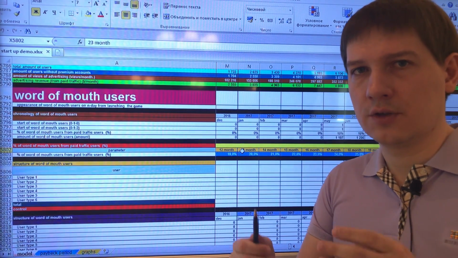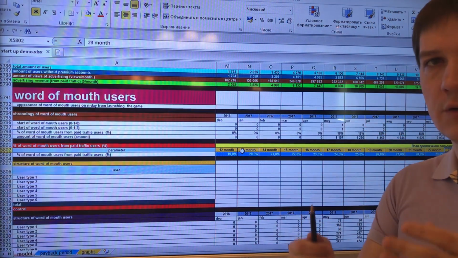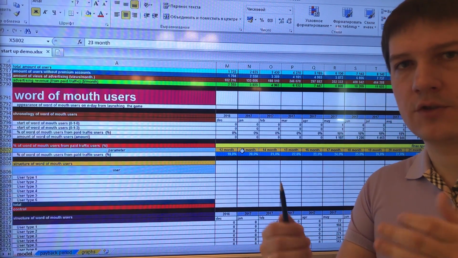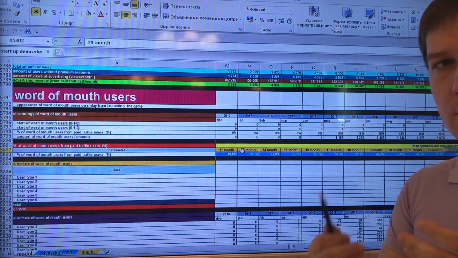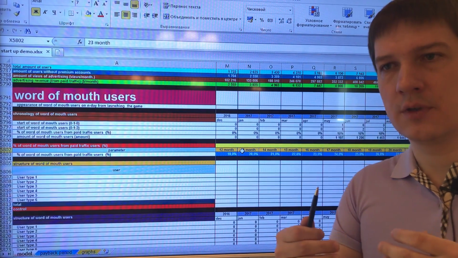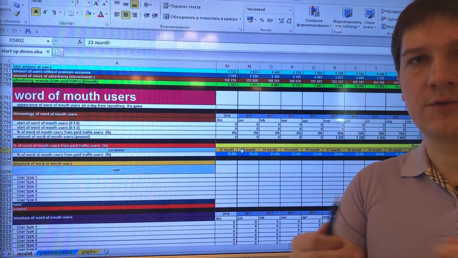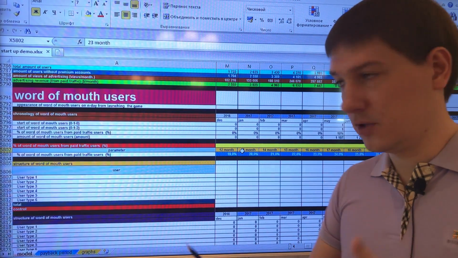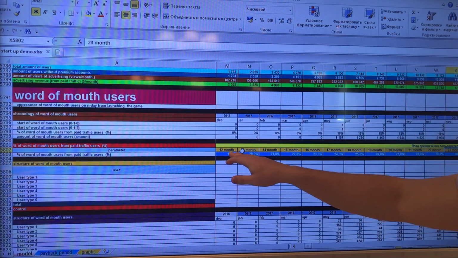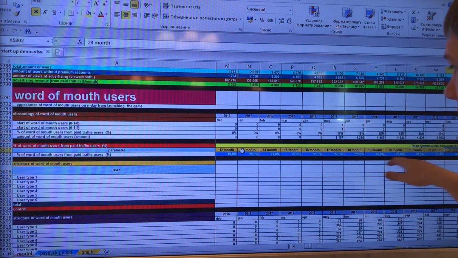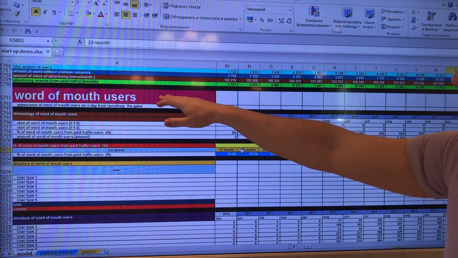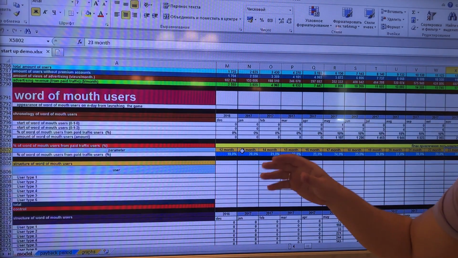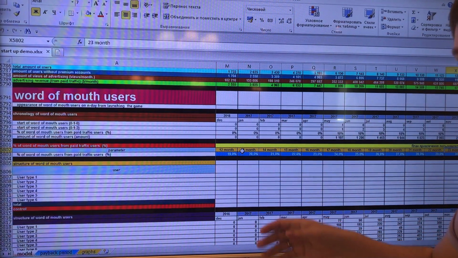And this will show us the efficiency of our business. This will show us that the game is interesting, because lots of people come to us not from paid traffic, but they heard from their friends that it is a very interesting game, and they start to use this game too. And here we put the percentage of word-of-mouth users in comparison with the primary users who came from the advertising campaign.